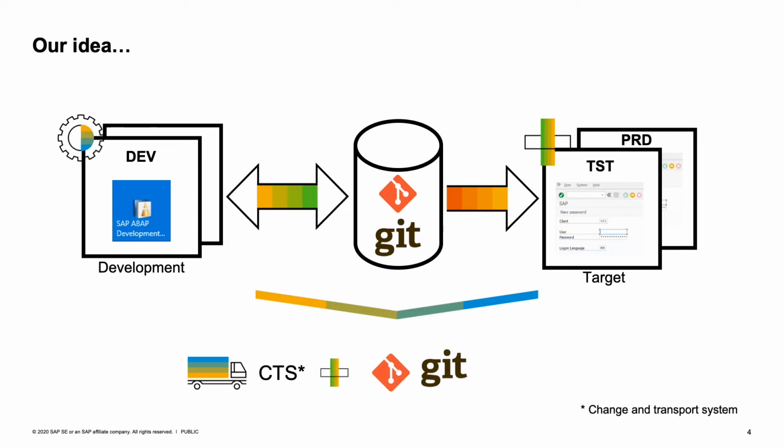We have it combined with Git, and this is why it's named the Git-enabled CTS. And you can use what you stored on Git to provide the objects that you have in there to any other system. So you can choose a commit and make the content of this commit the active one in your ABAP system.